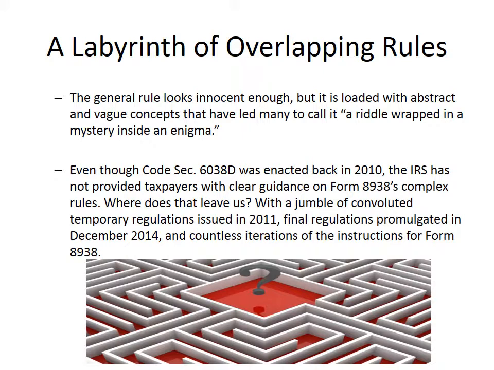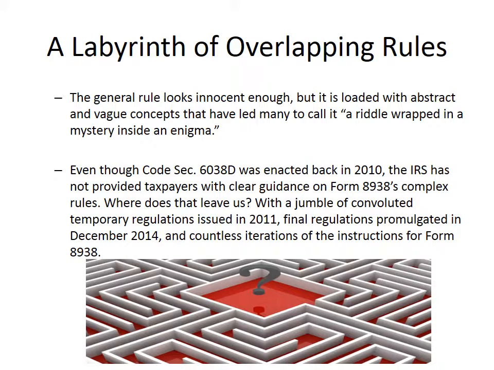So this requirement is loaded with abstract and vague concepts that have led many to call it a riddle wrapped in a mystery inside an enigma. Even though Section 6038D was enacted back in 2010, the IRS hasn't provided taxpayers with clear guidance on its complex rules.